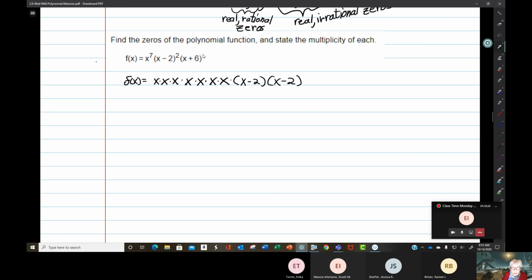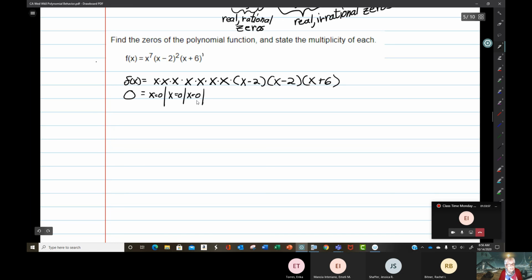x plus 6 occurs only once. x plus 6. Now to find the zeros, we set f of x equal to 0, and this is in factored form. We set each factor equal to 0. So I will have x equals 0, x equals 0, x equals 0.